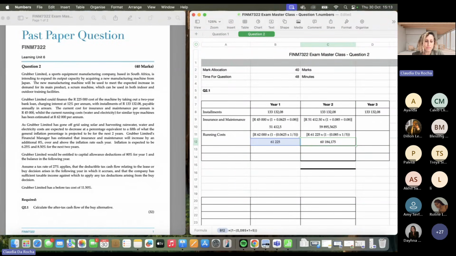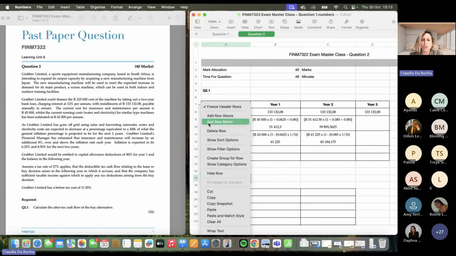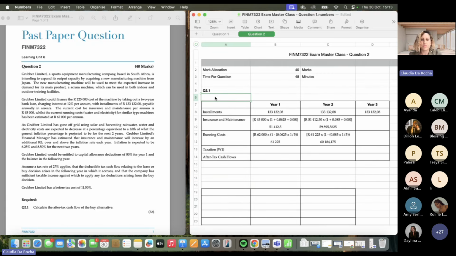All right. Now let's move on to the taxation piece. For the taxation piece, we need to do a calculation. I'll come back there. I'm going to do a separate calculation here, which is our after tax flow calculation.